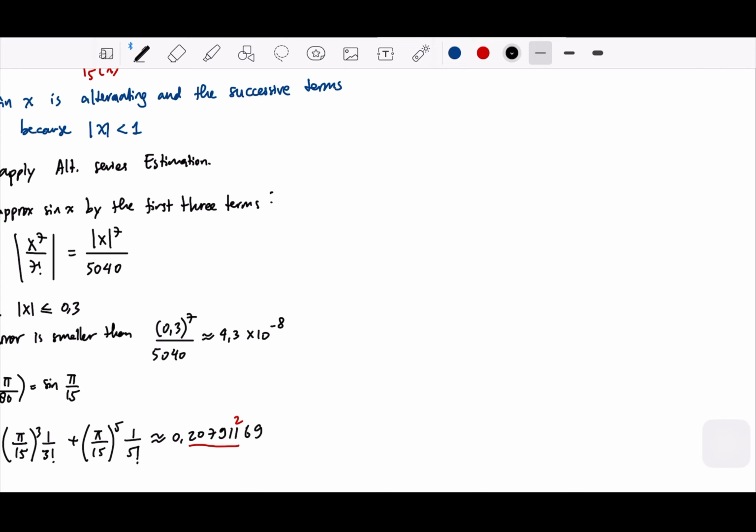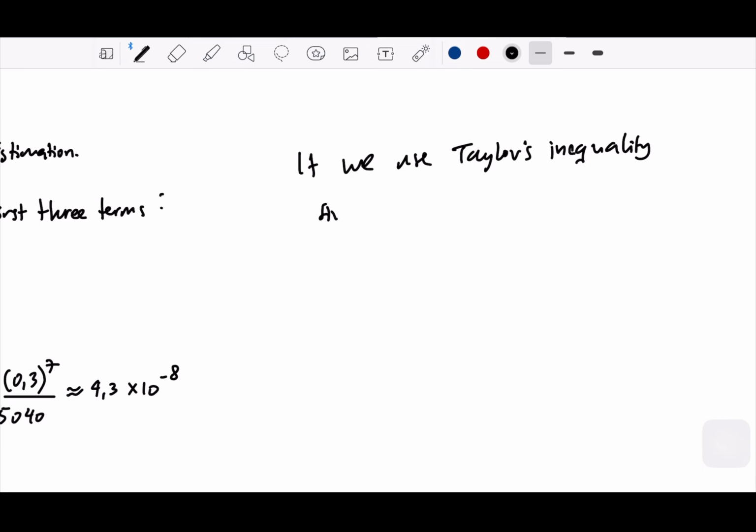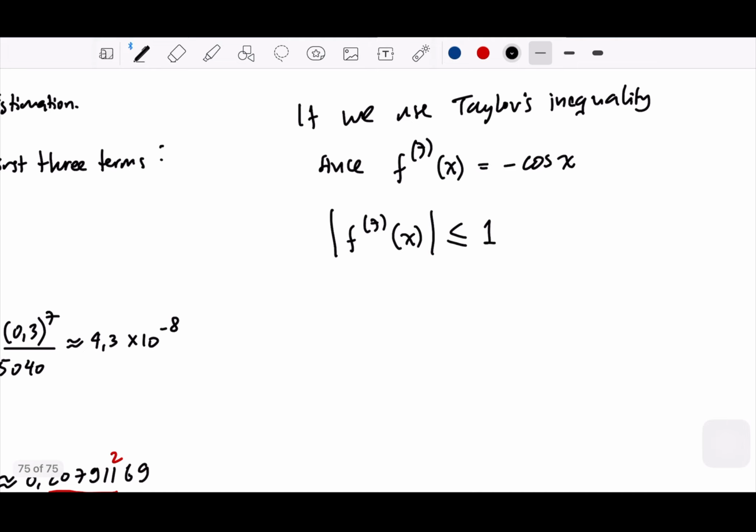Notice that if we use Taylor's inequality, since the derivatives of sine are plus or minus sine and cosine, at most it's just 1, because it's sine and cosine.